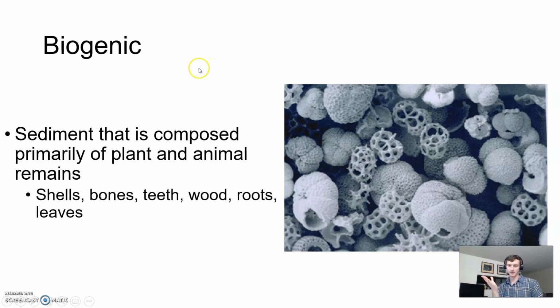This can include anything from shells, bones, teeth. You can imagine something like a coal swamp, where dead leaves come down into the swamp and fall to the bottom and are converted into something that would be a biogenic sediment. We can also talk about little plankton in the ocean. These die, they fall to the bottom, and they start to pile up on the ocean floor.